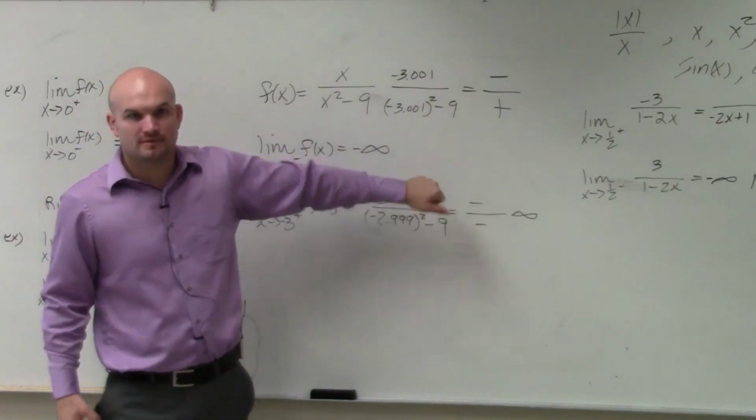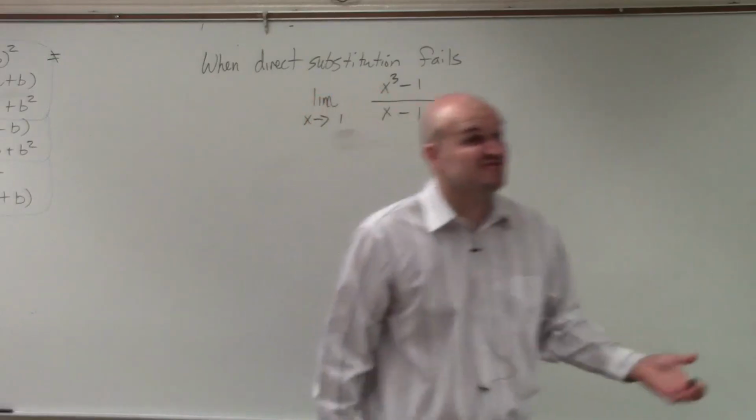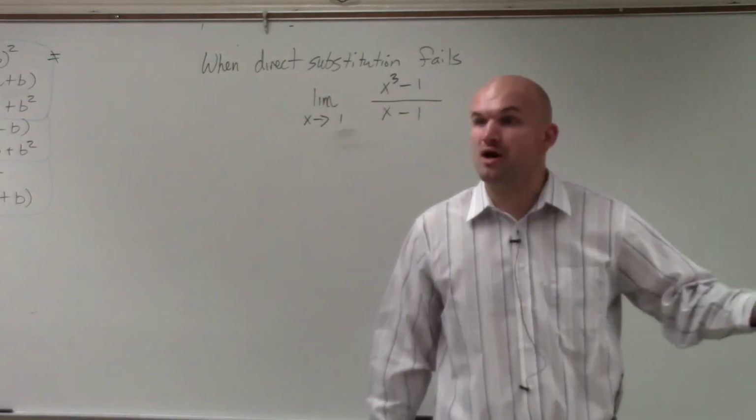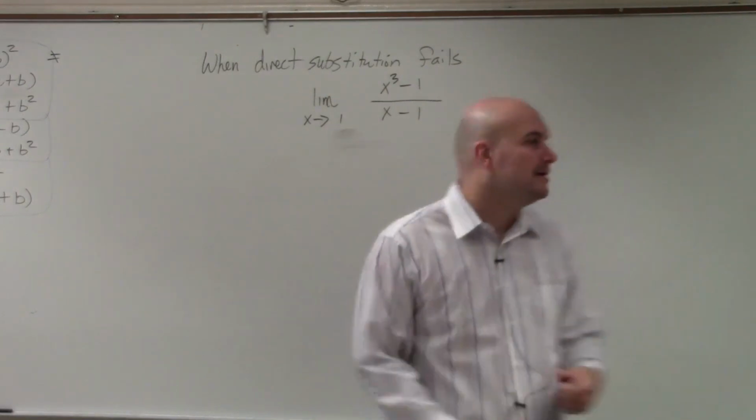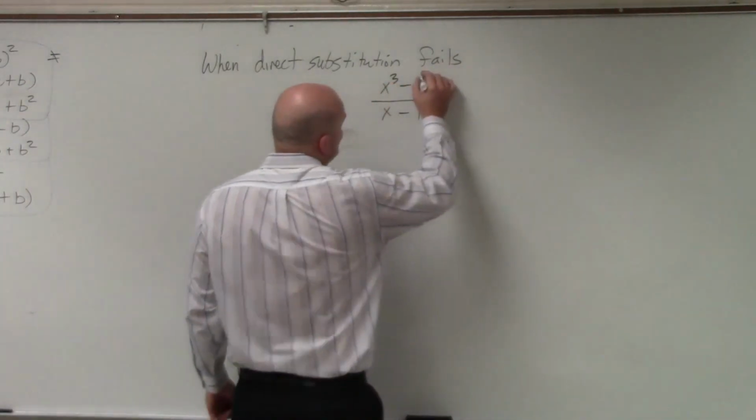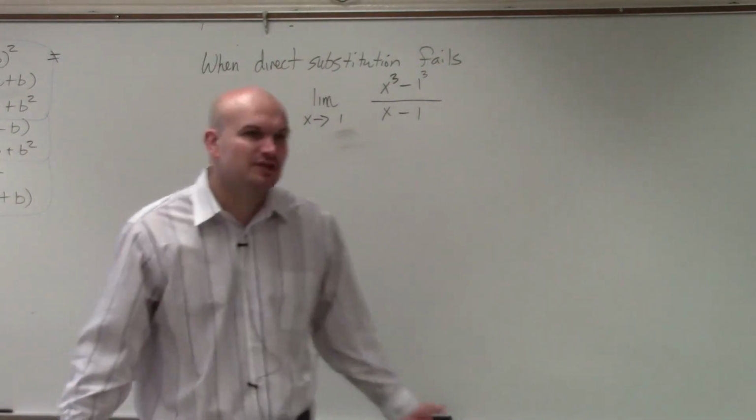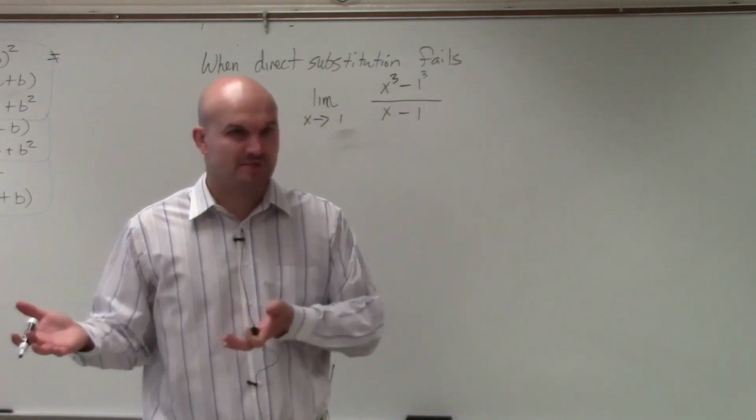Yes? Okay. Our direct substitution fails us, right? Because if I plug in 1, I get 0 in the denominator. However, I notice that x cubed minus 1, well, 1 is really 1 cubed, right? It's a cube number subtracted from another cube number.